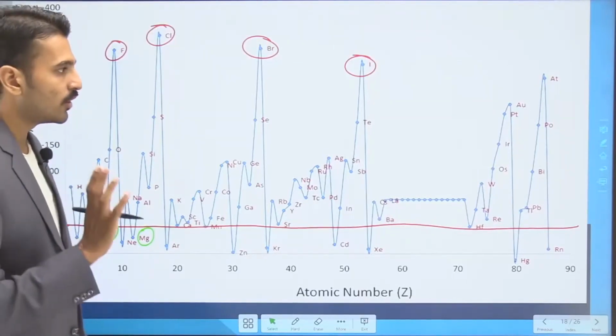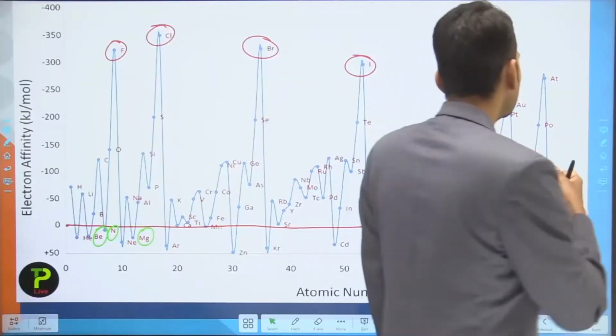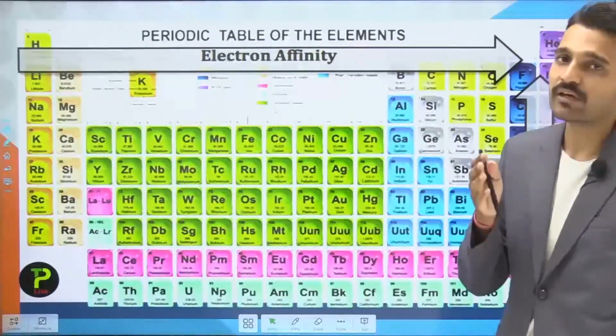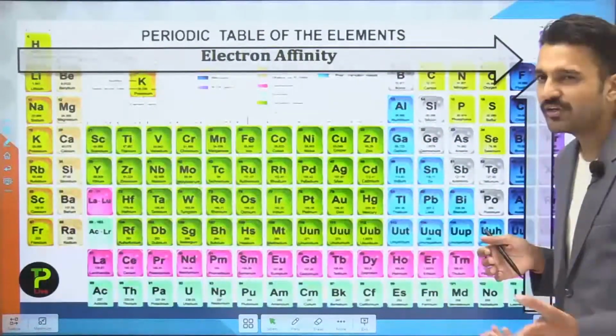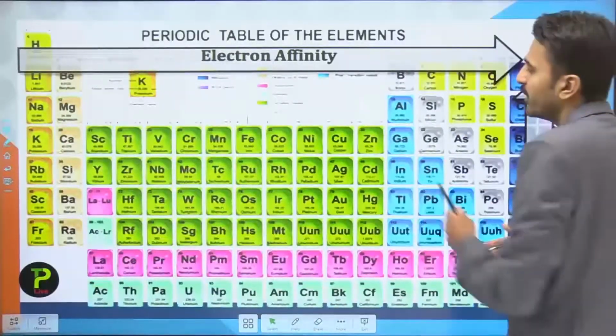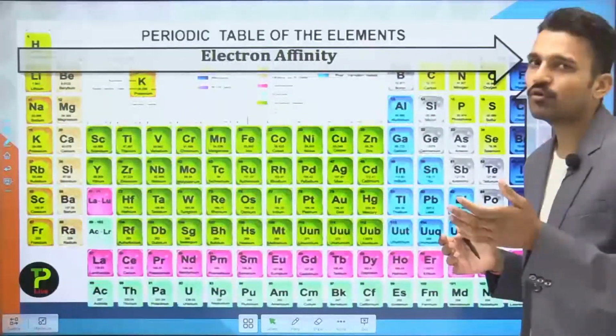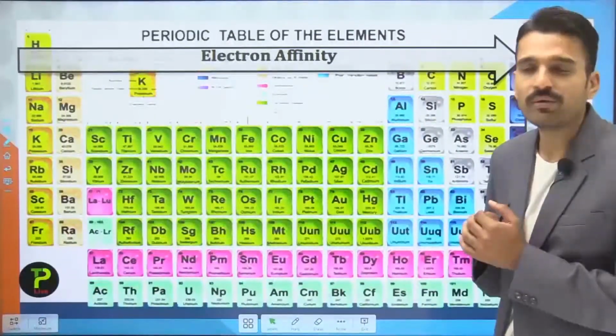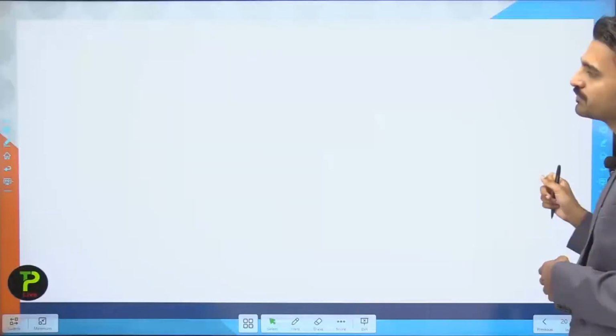Getting students? Now moving on to the next, that is the periodic trend in the electron affinity. As we have already discussed, while moving across a period, the electron affinity goes on increasing, while moving down the group it goes on decreasing.